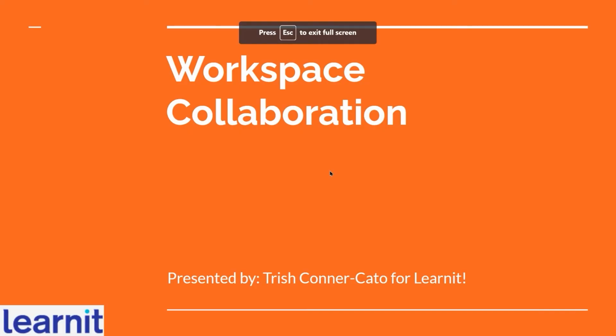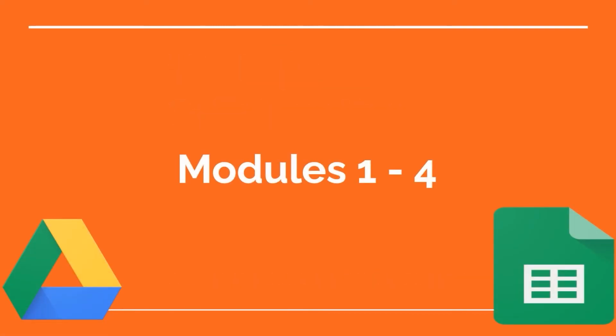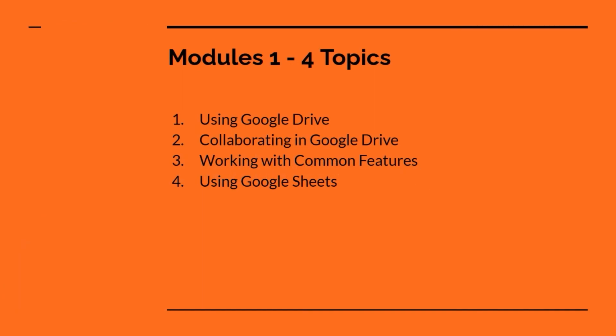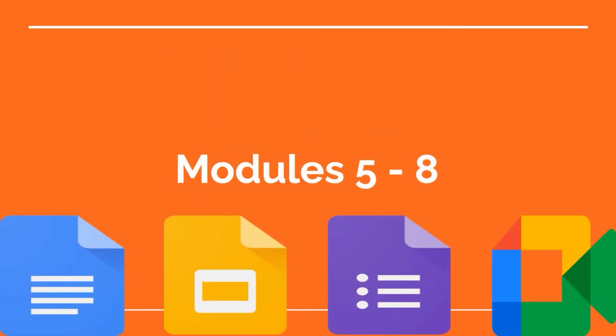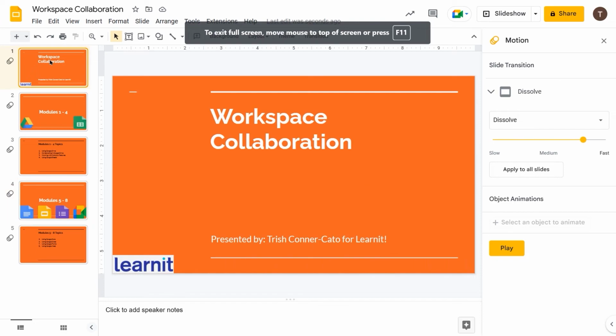And now when I click or press enter to advance to the next slide, you'll see that the previous slide had the dissolve effect. When I click again, you'll see the same effect. And I'm going to just press escape to exit the slideshow and click back on the first slide.